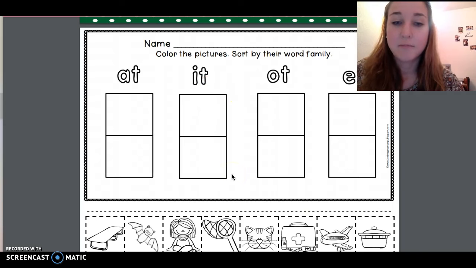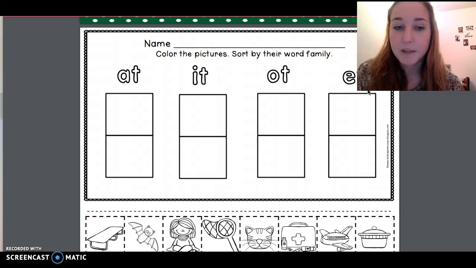So then you would see which of the pictures the students put there. So this would be sit, and kit would go in the IT word family. And then OT, the ought, is caught, and pot would go in that word family. And then ET would be the net and jet.